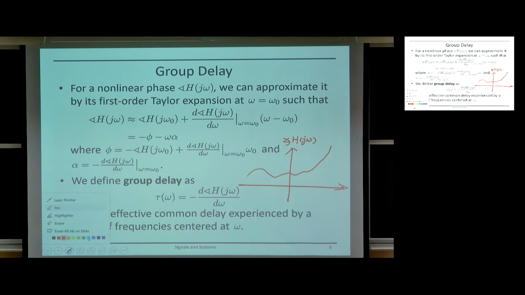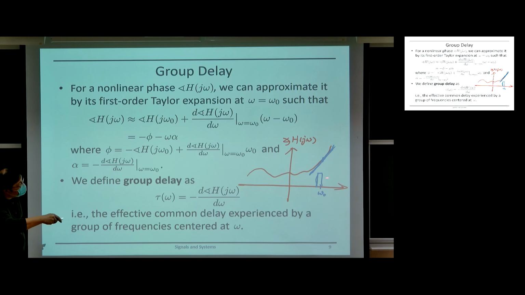So we want to know what is the resulting delay occurring at frequency components around this omega naught. The way we do this is we look at the first order Taylor approximation around this point. The first order Taylor approximation about this point gives us this formula here.